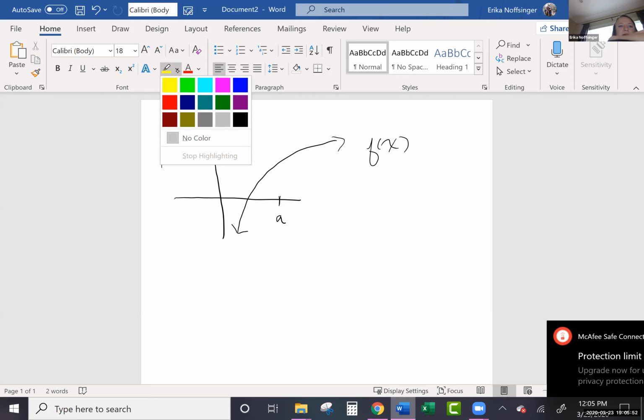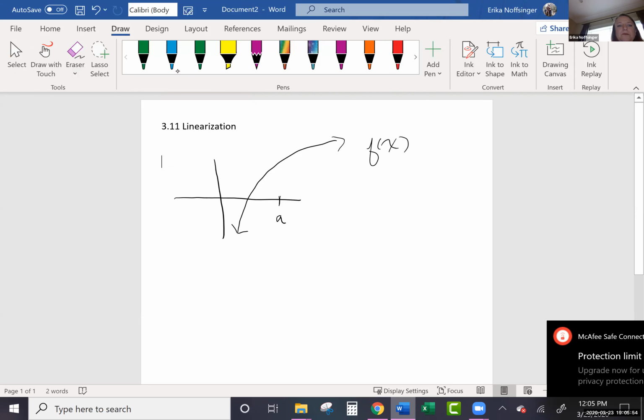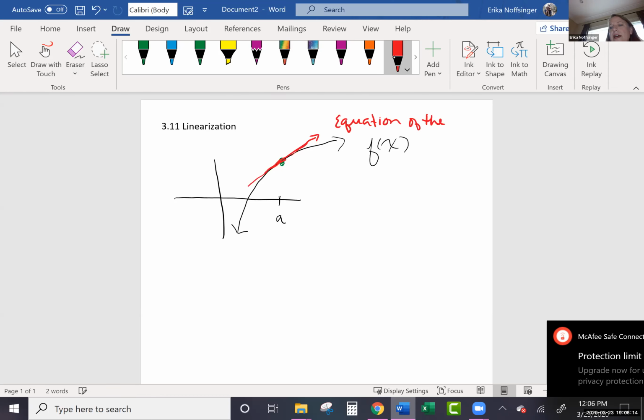We were able to find the equation of the tangent line at x equals a.